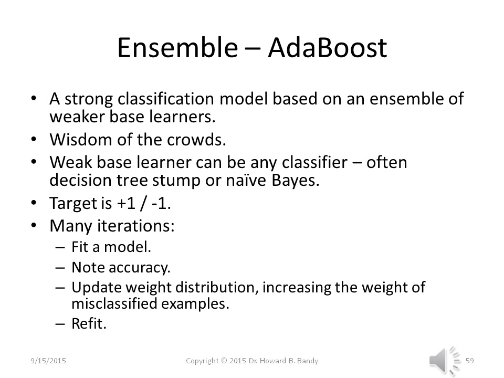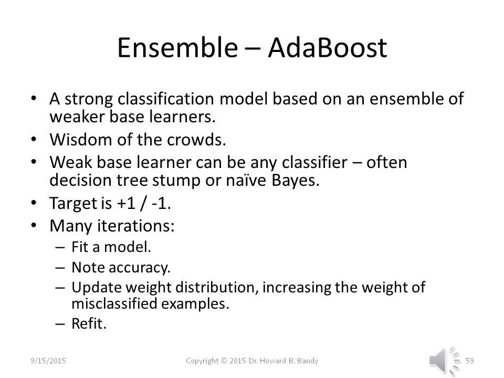One of the machine learning models you will probably use is the ensemble model called AdaBoost. It's a strong classification model that's based on an ensemble of weak base learners. It's very much like the popular book Wisdom of the Crowds, where we ask people who are not necessarily expert in an area to make an estimate and then look at the distribution of all of those people and make an overall decision.